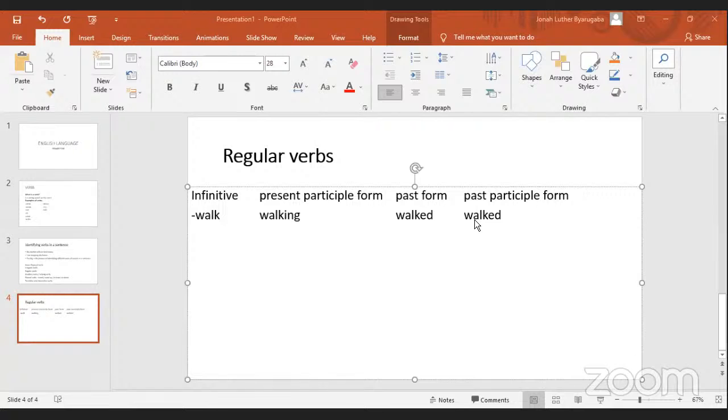Okay, I'll be waiting for that, but we are going to be continuing. So who can give us another verb whose past form is the same as its past participle?